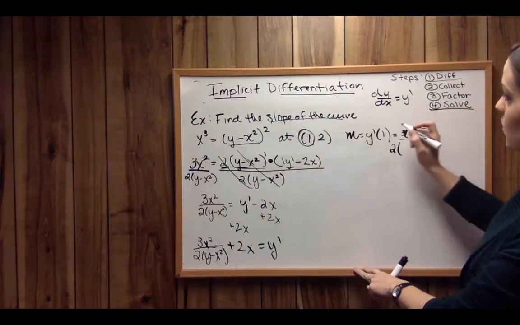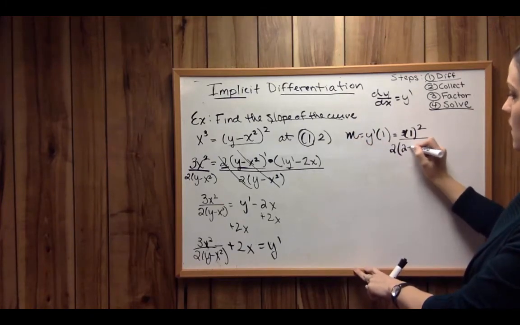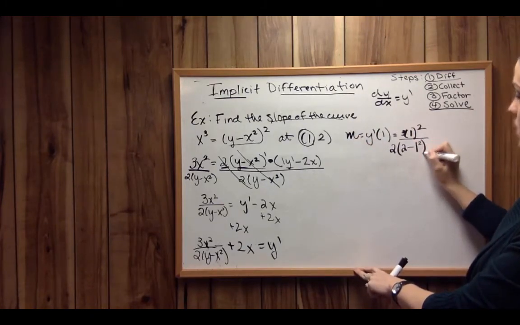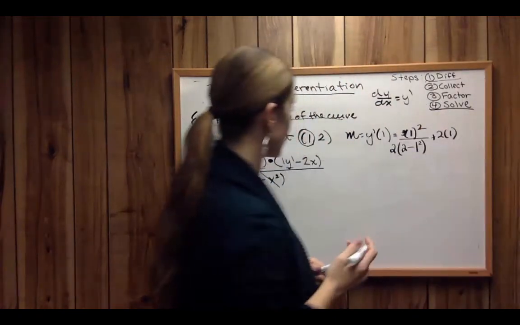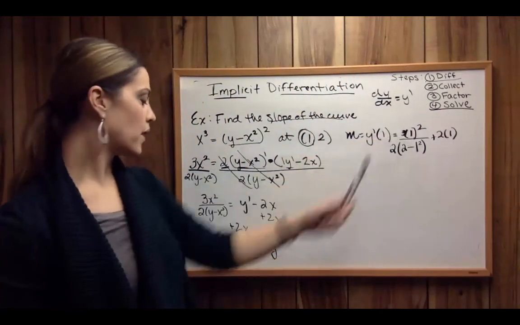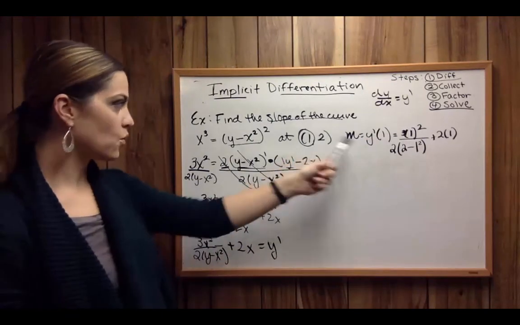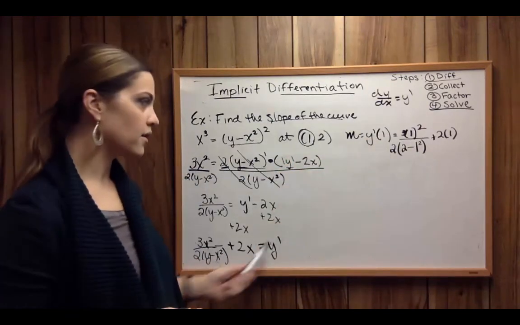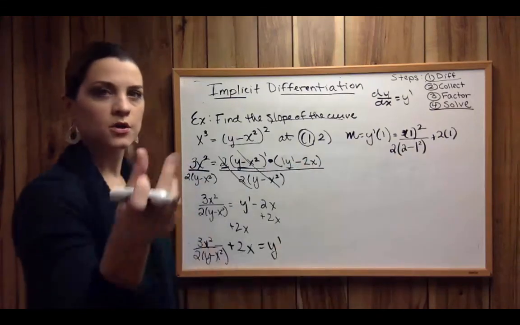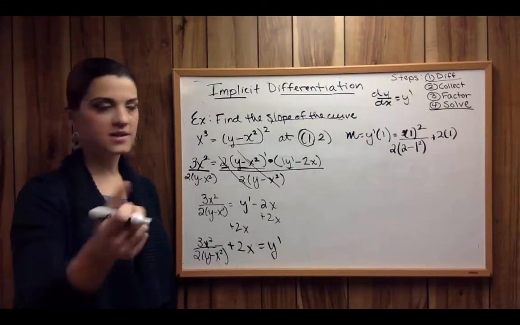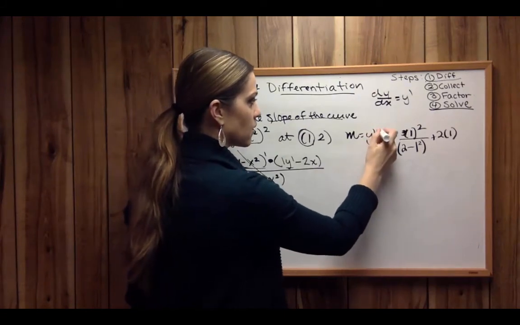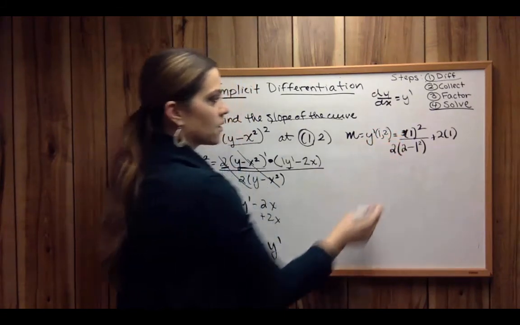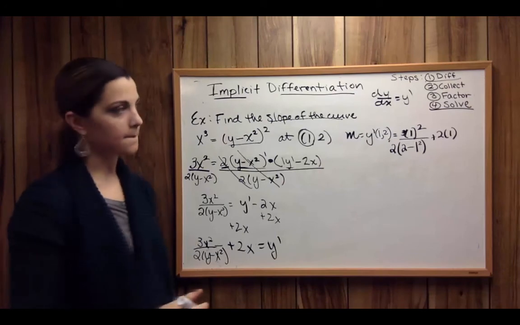So you're going to substitute in the y value, which was 2, minus 1 squared, plus 2 times 1. Just to check that: 3 times 1 squared, 2 times the y value, 2 minus 1 squared, plus 2 times 1. So because we're working with both the x and the y, we actually could fix this notation to state (1, 2). That's the point that we're substituting in.